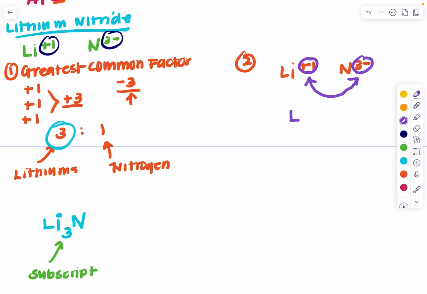What you do at this point is you take the 3 from nitrogen and you put it as the subscript for lithium, and you'll take the charge for lithium and you'll put it as the subscript for nitrogen. In this case, it's 1, so we don't have to do that.